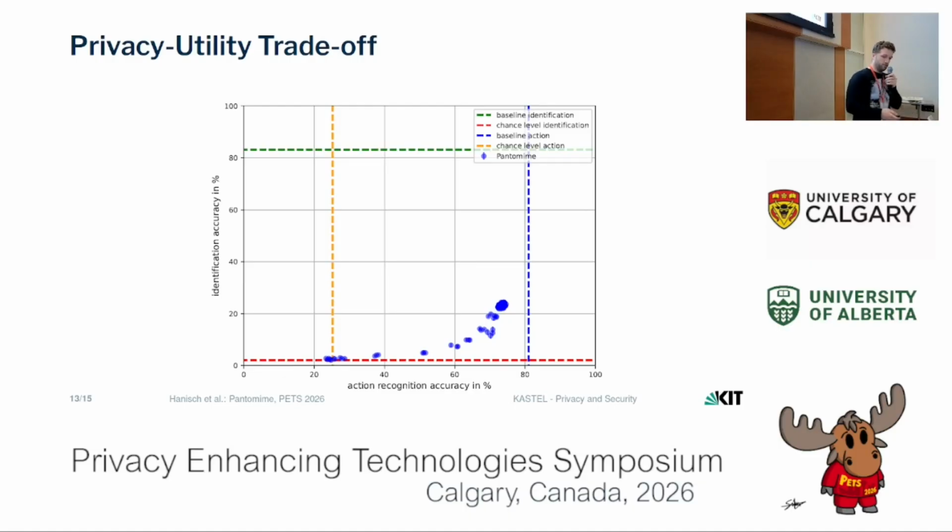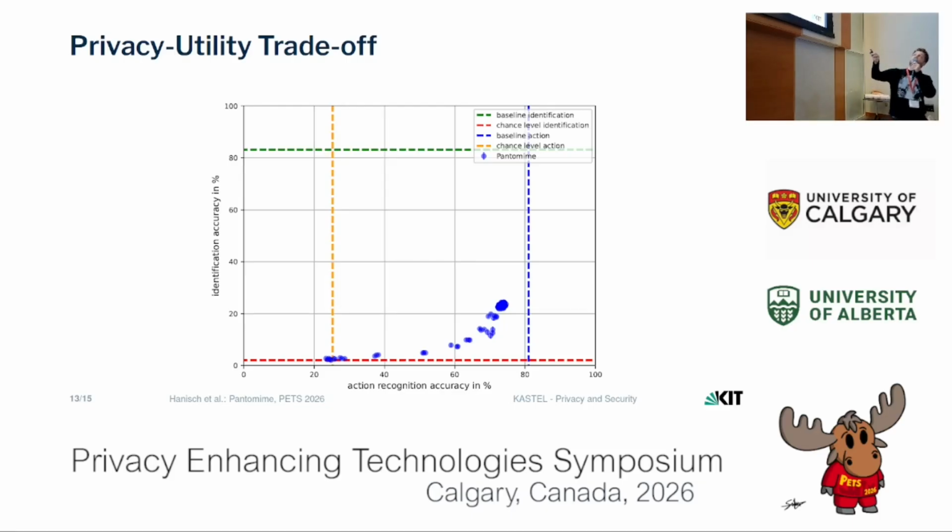Now, for the privacy-utility trade-off, what you can see here is the identification accuracy. Then here we have the action recognition. And for both, we have here the chance level. So this is for the action recognition and this is for the identification. Ideally for the anonymization, the best we can do is go down to chance level.